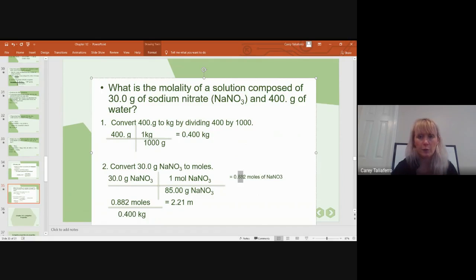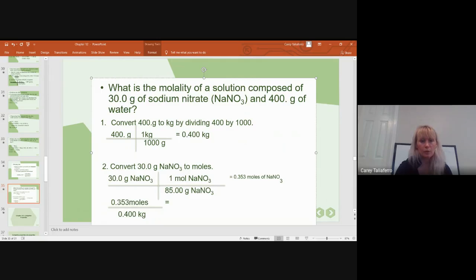My bad. 0.353 moles. Let me go ahead and subscript this too, so no one's confused by that. Okay, so there's my moles, and now I also need to delete the decimal. So that means that this is wrong. That should be 0.353, which means this is wrong. My goodness.